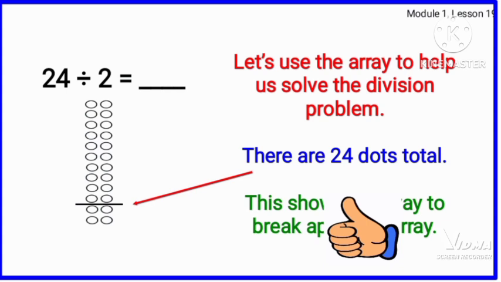As you can see in that array, if you break it up so that you have 20 divided by 2, which is 10, plus 2 rows of 2, which is 4, divided by 2, you have 2. 10 plus 2 is 12. 24 divided by 2 is 12.